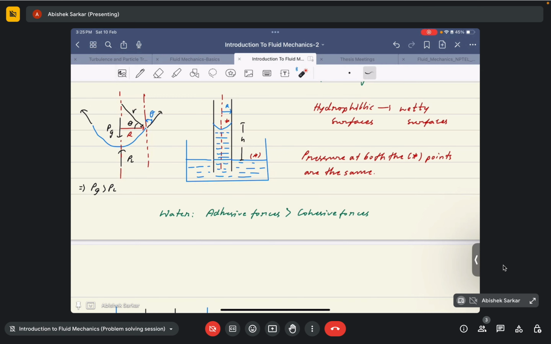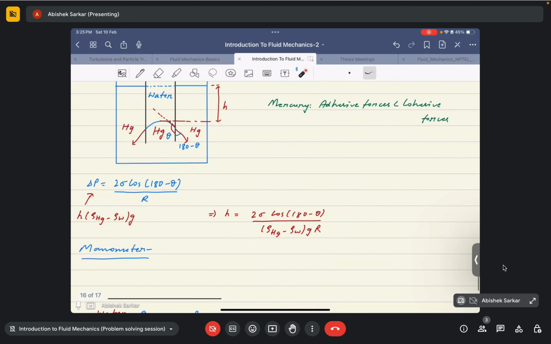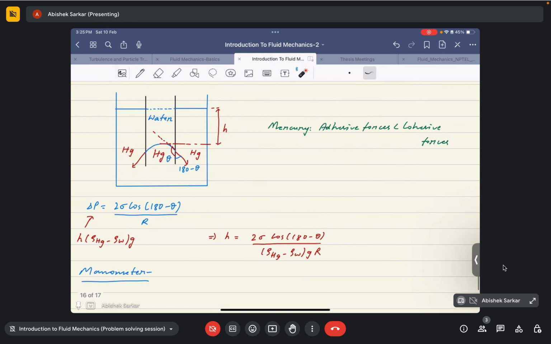The adhesive forces between the mercury molecules and the glass surface are lesser than the cohesive forces between the mercury molecules. That's why, instead of being pulled by the glass surface, the cohesive forces between the mercury molecules are pulling back the level of mercury within the capillary tube.